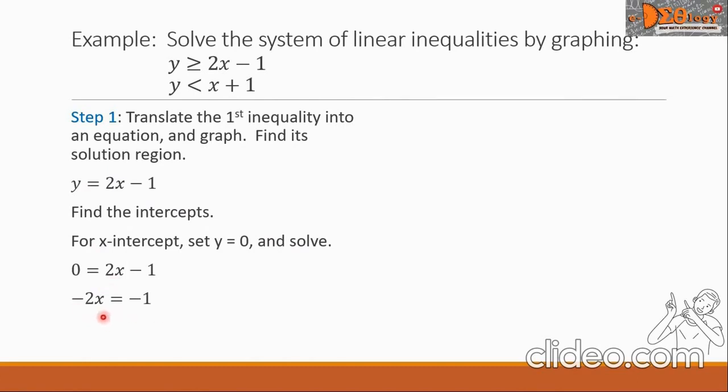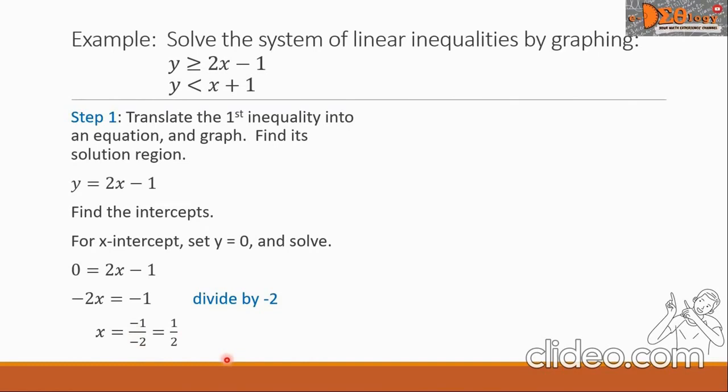Solving for x, let us divide this equation by the coefficient of x, which is negative 2. So negative 2x divided by negative 2, only x comes down, and the right side becomes negative 1 over negative 2. Negative over negative is positive, so we have positive 1/2.